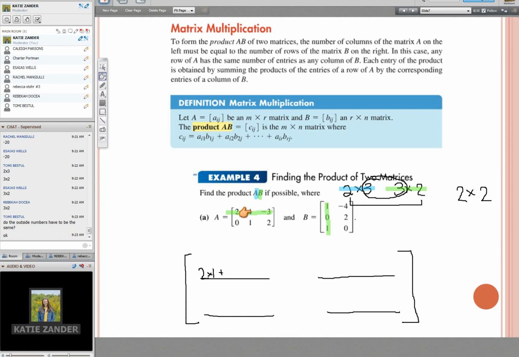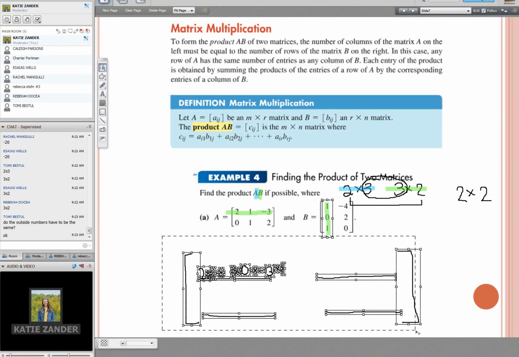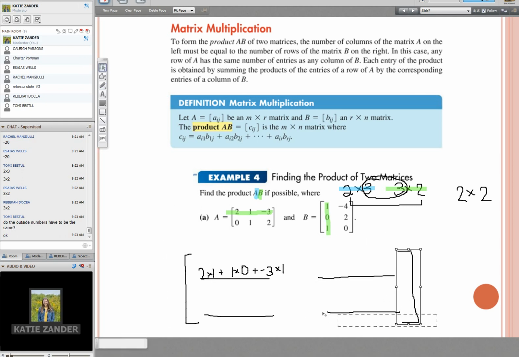Next, I'm going to take the second element in each highlighted area. So 1 times 0. And then I'm going to add that to the third elements multiplied together, -3 times 1. Okay. That's kind of confusing.